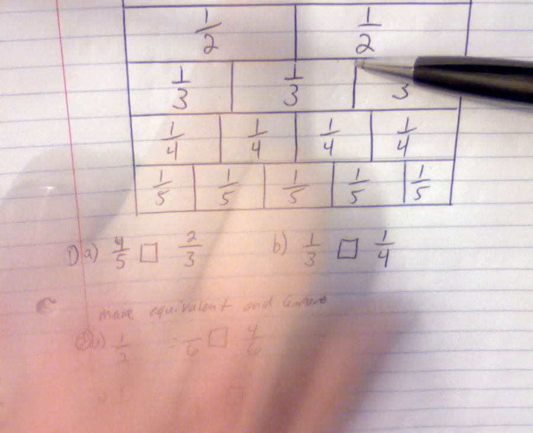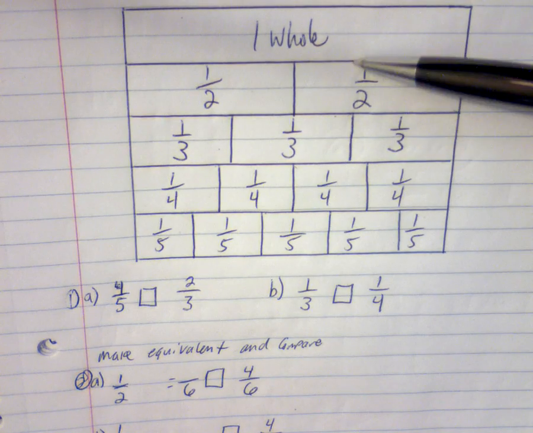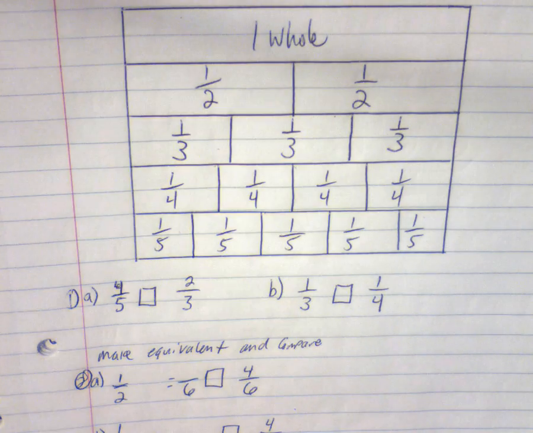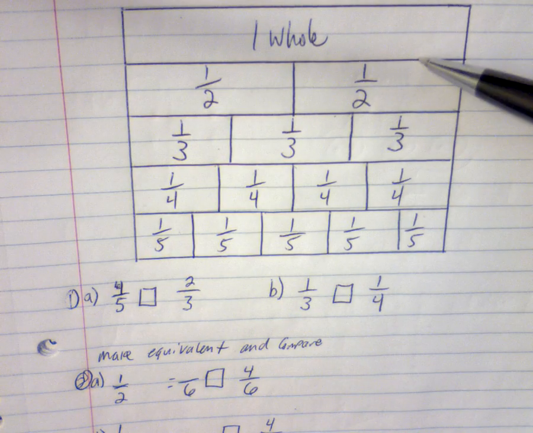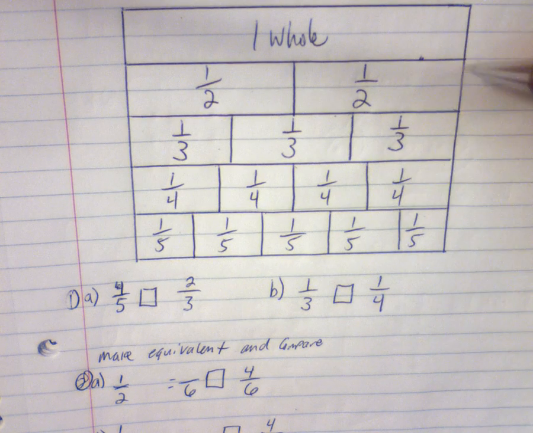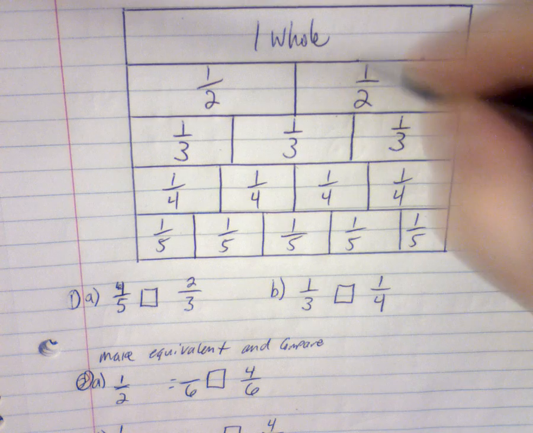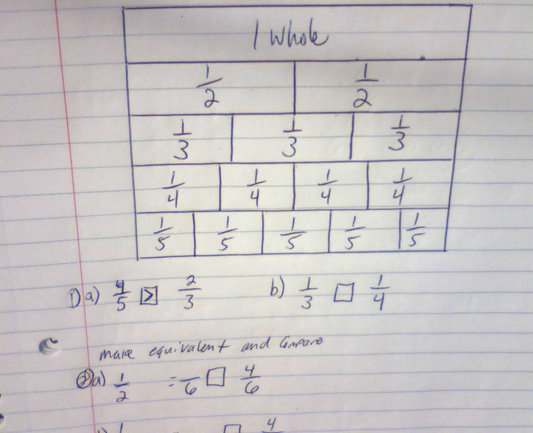Out of the whole, which is at the top, which one would be greater, 2/3 or 4/5? If we draw an imaginary line up, 4/5 would end right here, and 2/3 would end here. So 4/5 would definitely be the greater fraction of the two.